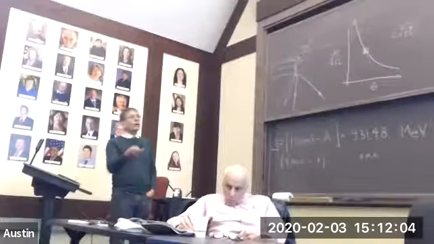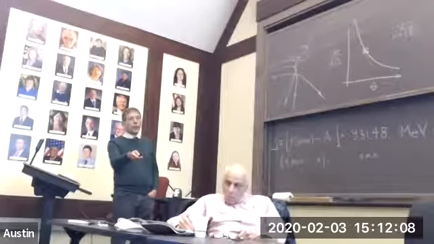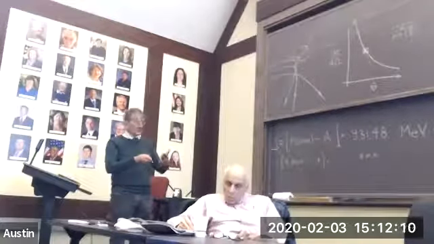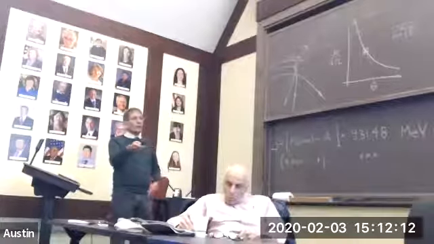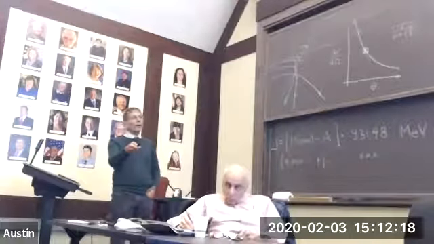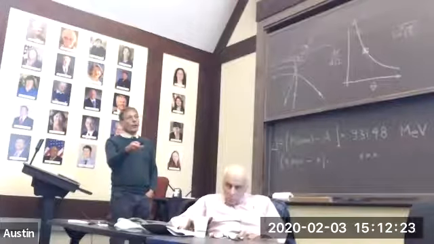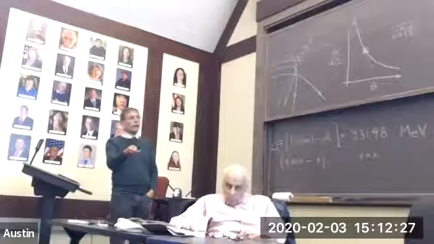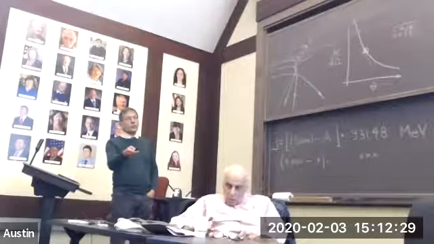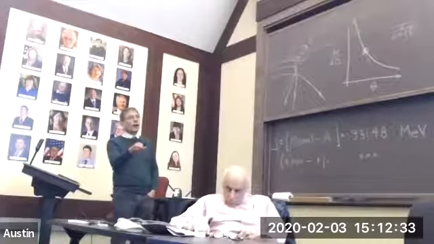So let's see that number. Yes. For uranium, right here, you see the average binding is on the order of about 7.5 MeV or so. When you get into the middle here, it's closer to 7.25, 7.5 MeV per nucleon.